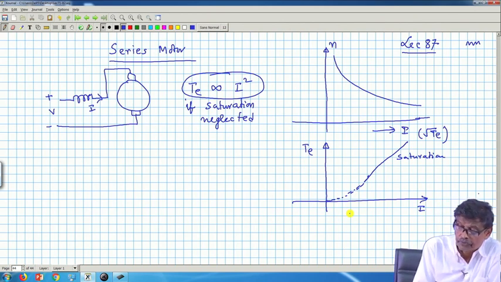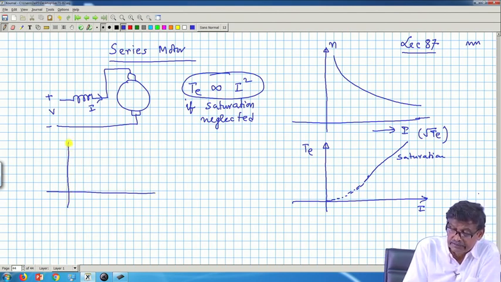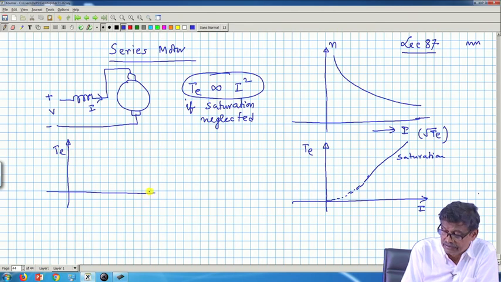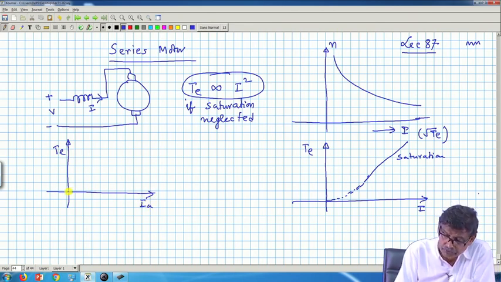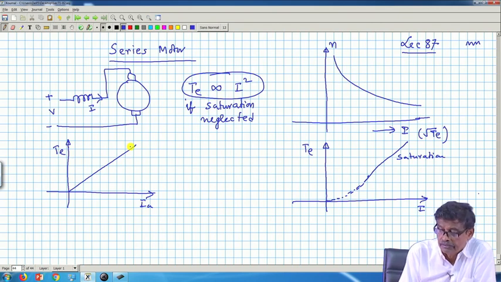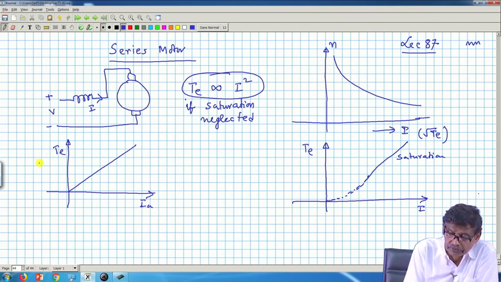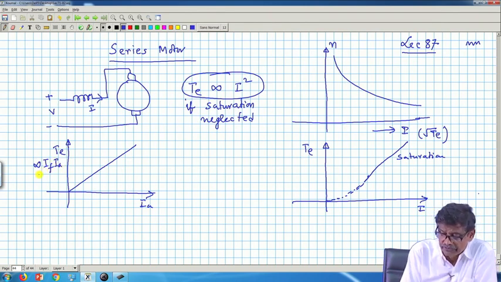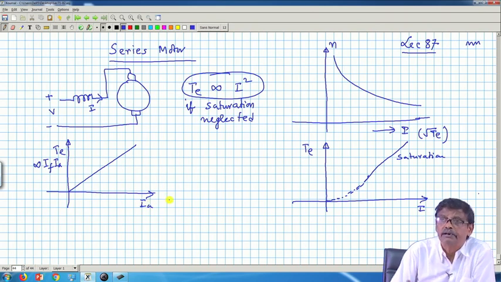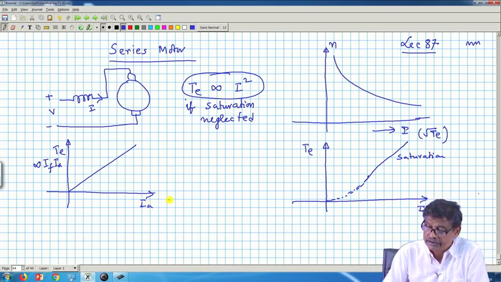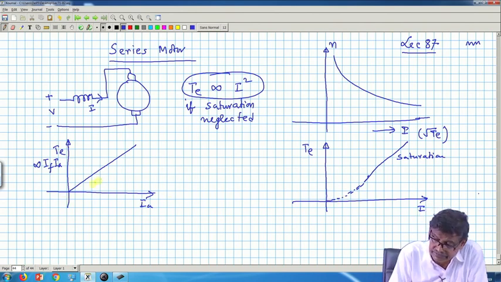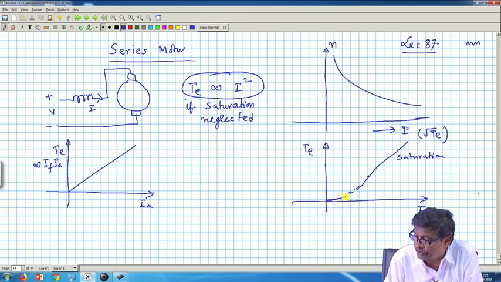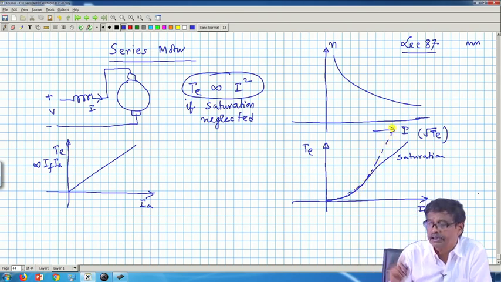In case of the shunt motor, you remember the torque versus armature current characteristic, T E versus armature current, was linear in nature, because torque is proportional to If into Ia, and If is constant. There the armature current and field current were different, so it was a straight line. In case of the series motor it will be parabolic in nature, and if you neglect saturation it will go on increasing like this.